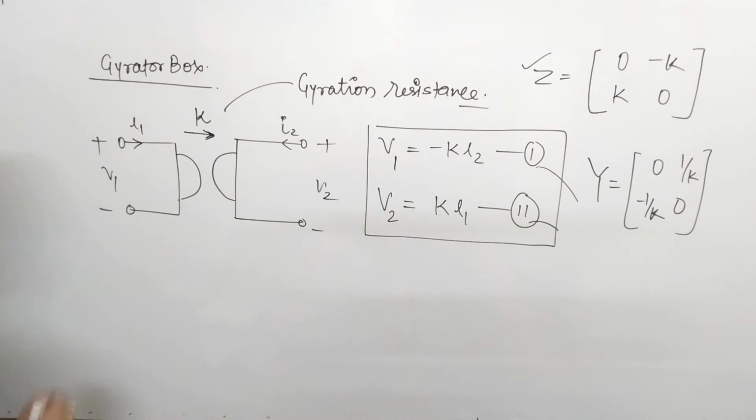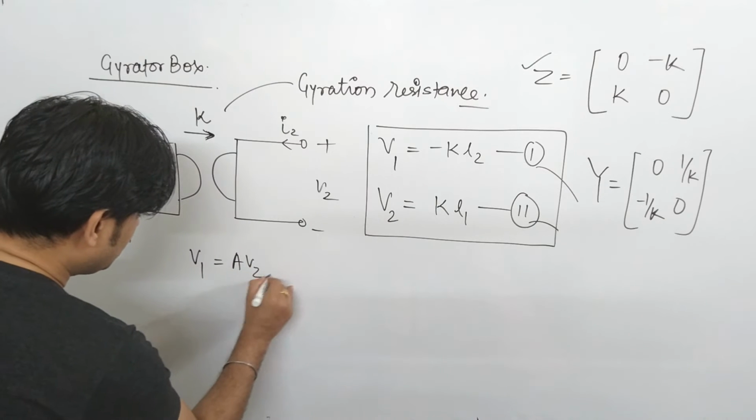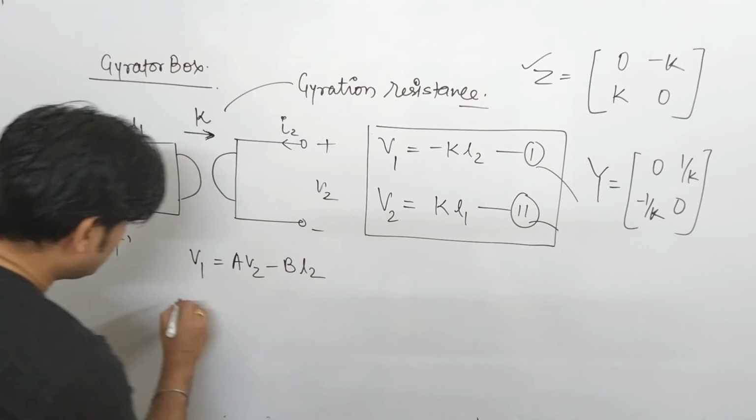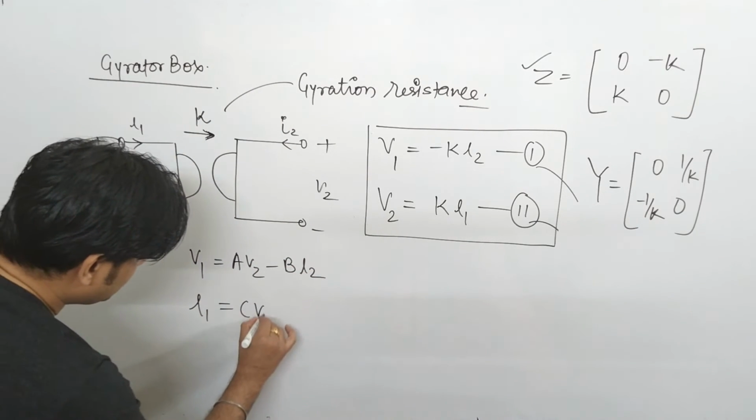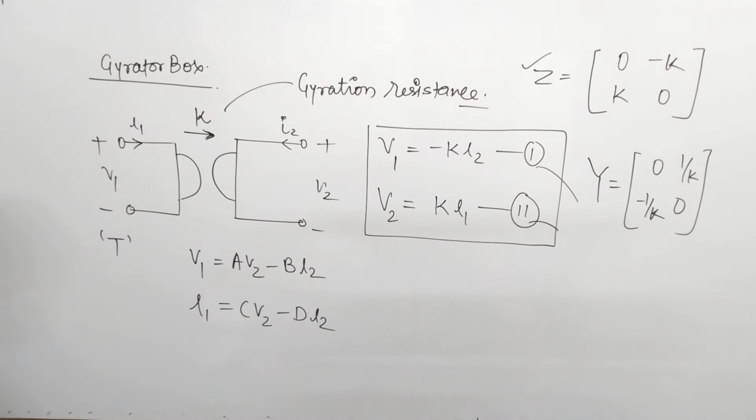Now if I talk about the transmission parameters T, the equation is given by what? It is V1 is equal to A V2 minus B I2 and I1 is equal to C V2 minus D I2. This is your transmission parameter equation.